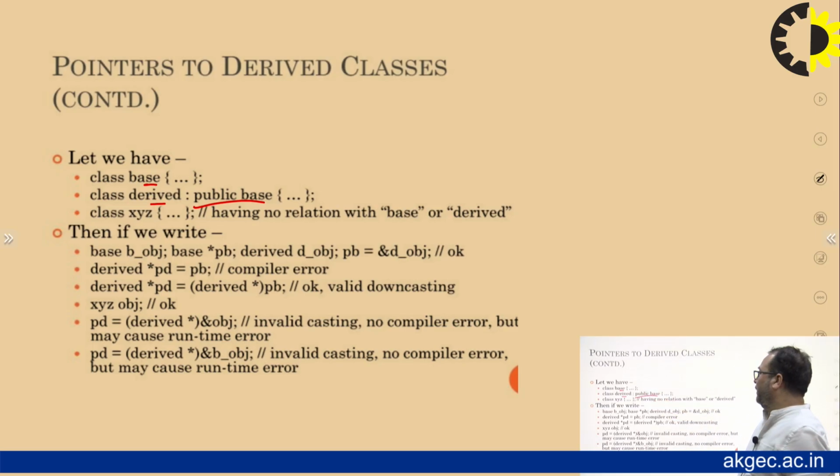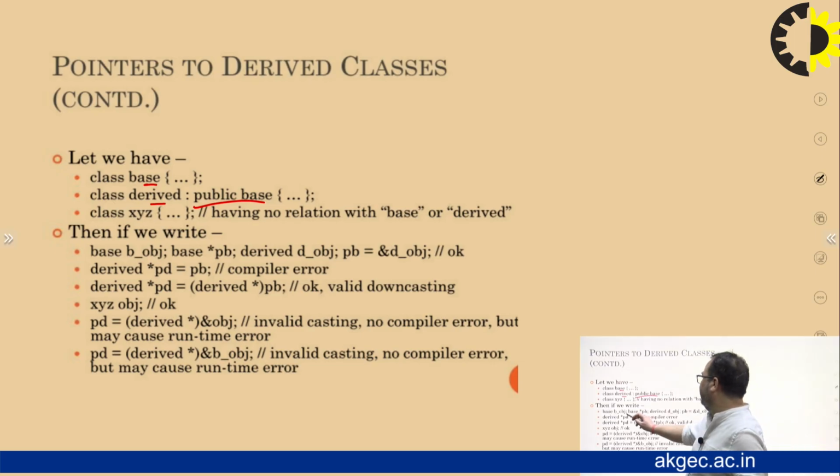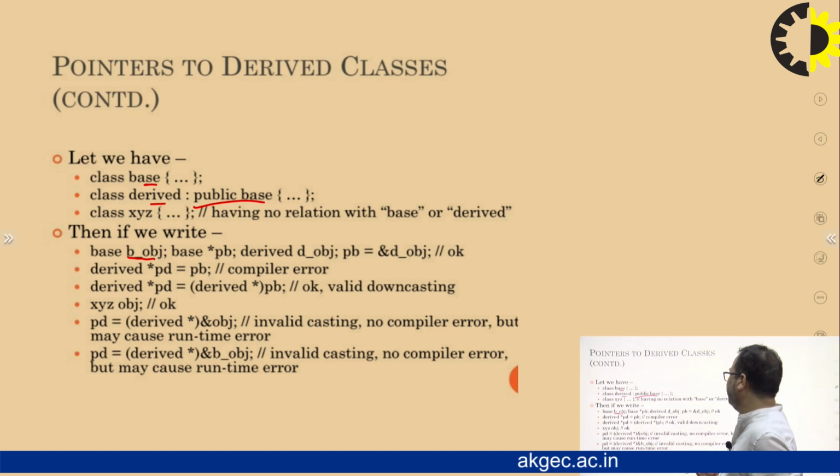Then, see here, B underscore obj is the base class object, and this is the base class pointer. Similarly, this one is the derived class object, and this PB, the base class pointer, is going to point to the derived class object.